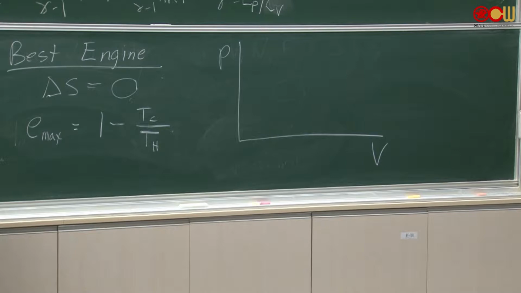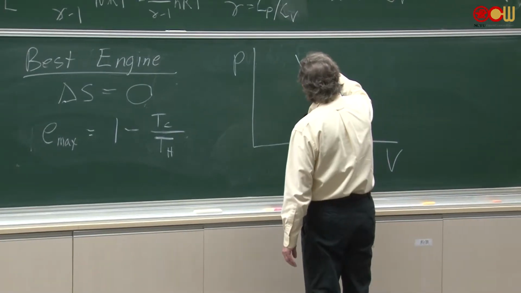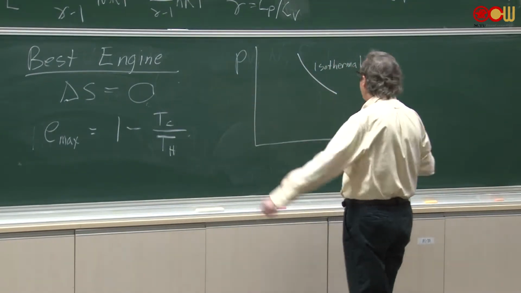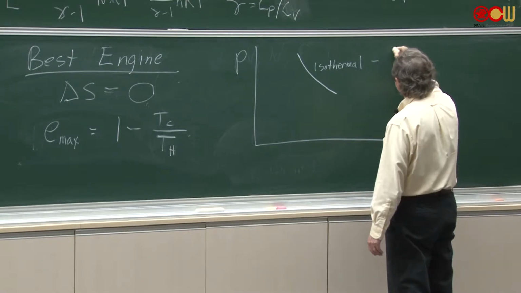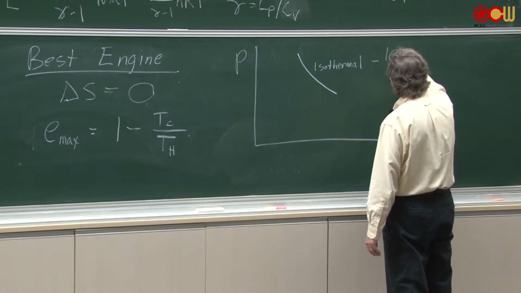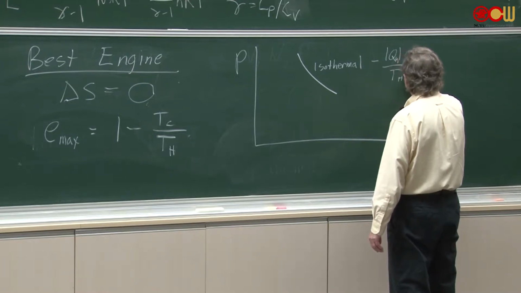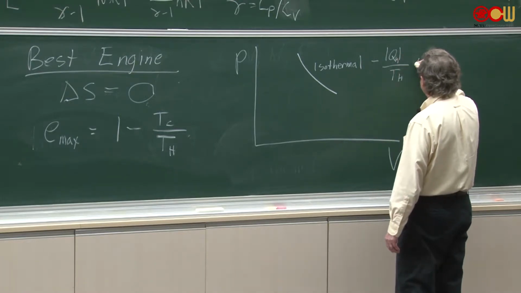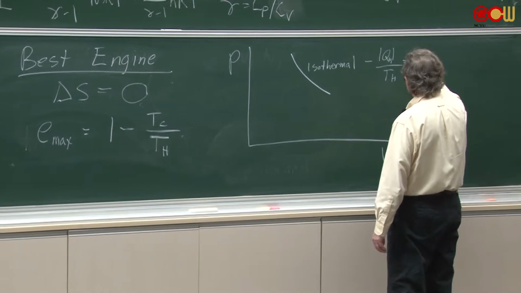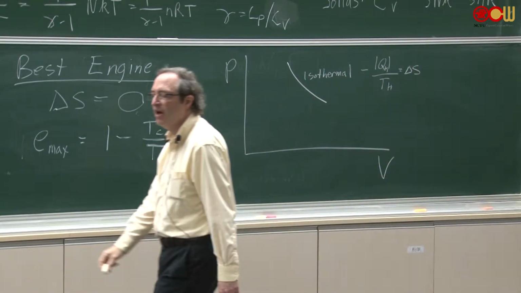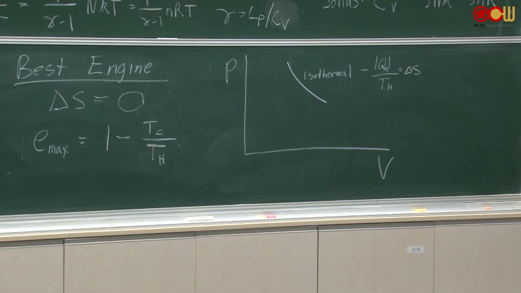So you go like this, and this is isothermal. So it's like that, and that gives you your QH over TH. That's the delta S in that part. Okay, so you do an isothermal expansion.